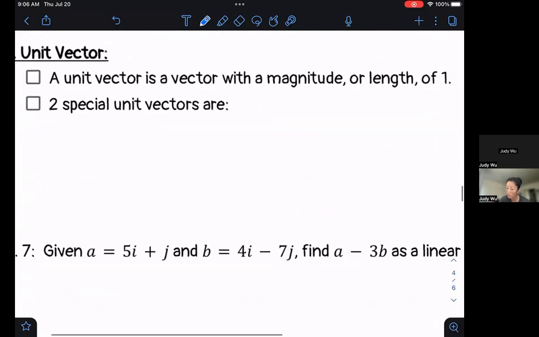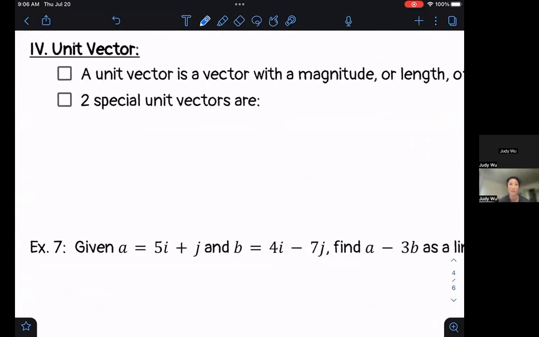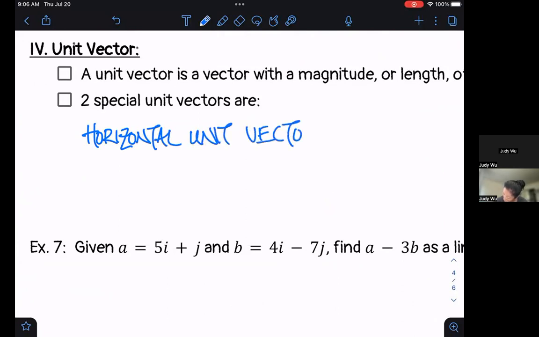Now there are two special unit vectors. In particular, there's one that goes in the horizontal direction and one that goes in the vertical direction. So we have the horizontal unit vector, and then we also have a vertical unit vector.